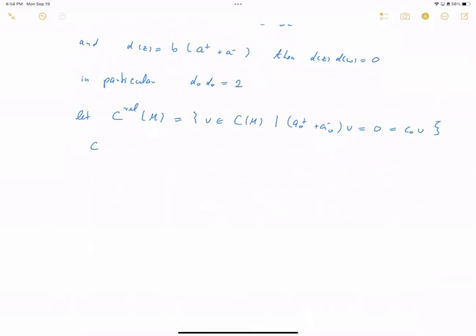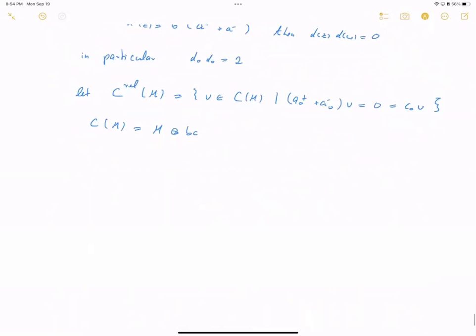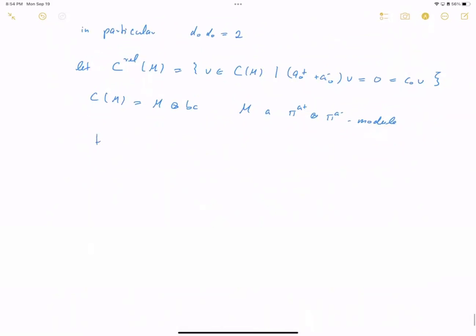And here by C of M, I mean M times the two free fermions, where M is a module for our two Heisenberg algebras. Now, this relative homology has a very nice property.